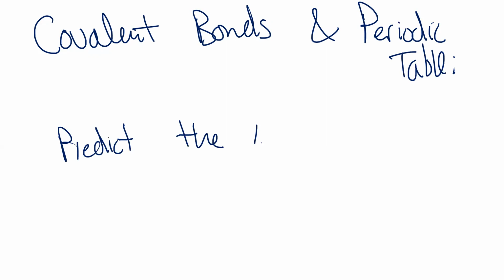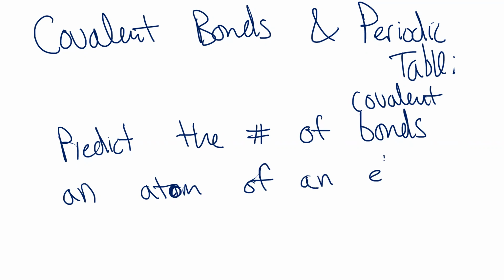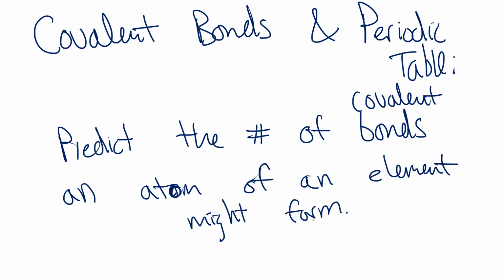Predict the number of bonds, covalent bonds, an atom of an element might form. This goes back to valence electrons. This goes back to the octet rule, trying to form a complete octet. Yes, there were exceptions.